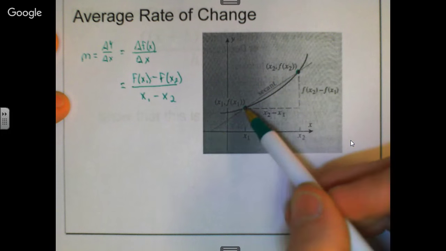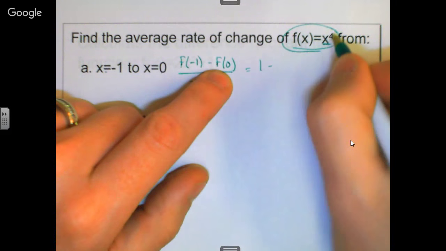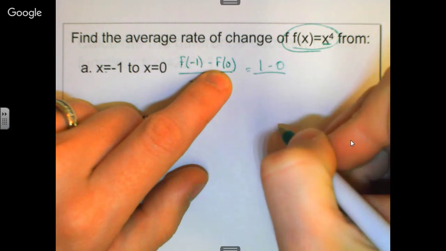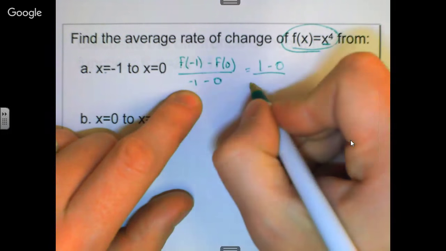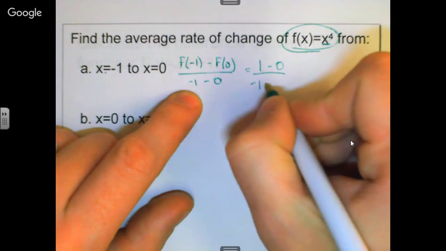So to find f of -1, I take -1 and I plug it in here to x. So I have -1 to the 4th power, which is 1, minus f of 0, 0 to the 4th power, that's 0, over -1 minus 0. So that is 1 minus 0 is 1. Negative 1 minus 0 is negative 1. So my average rate of change is 1 over negative 1.